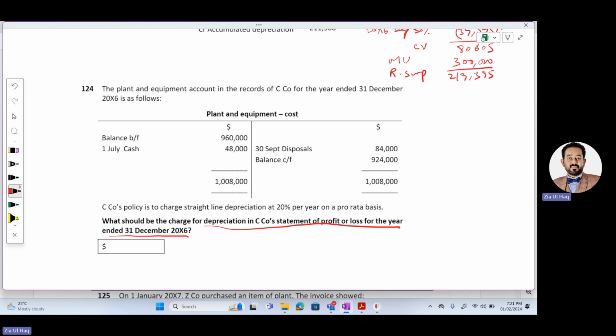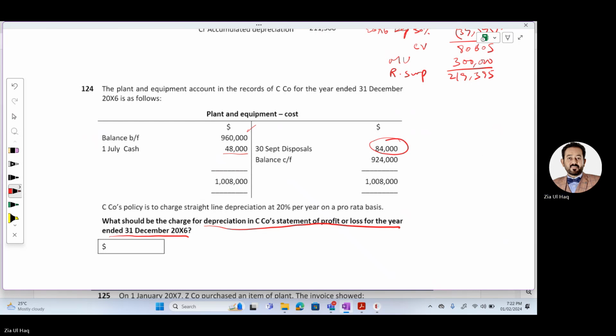Plant and equipment at cost, this is the opening balance. During the year, there is an addition of 48,000. This means we need to charge its depreciation from 1st July onward. How many months? 6 months. There is a disposal of 84,000.